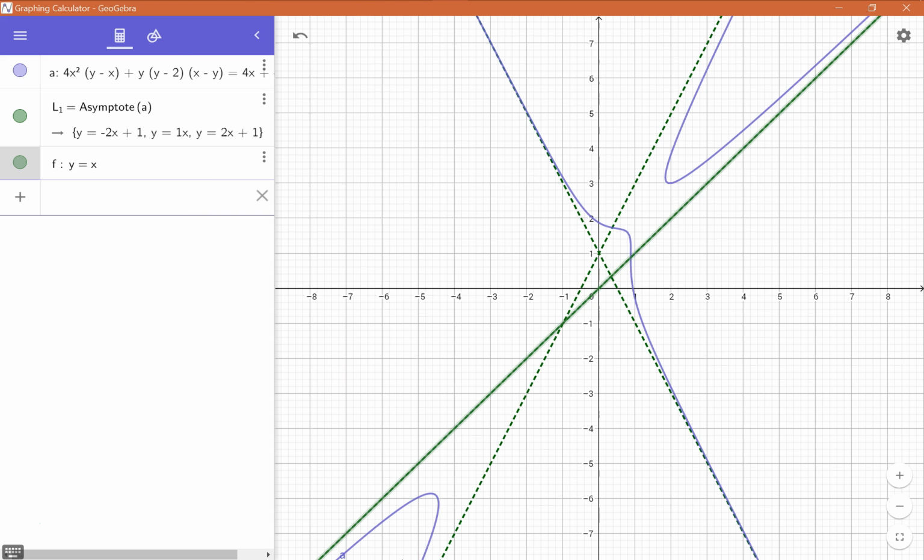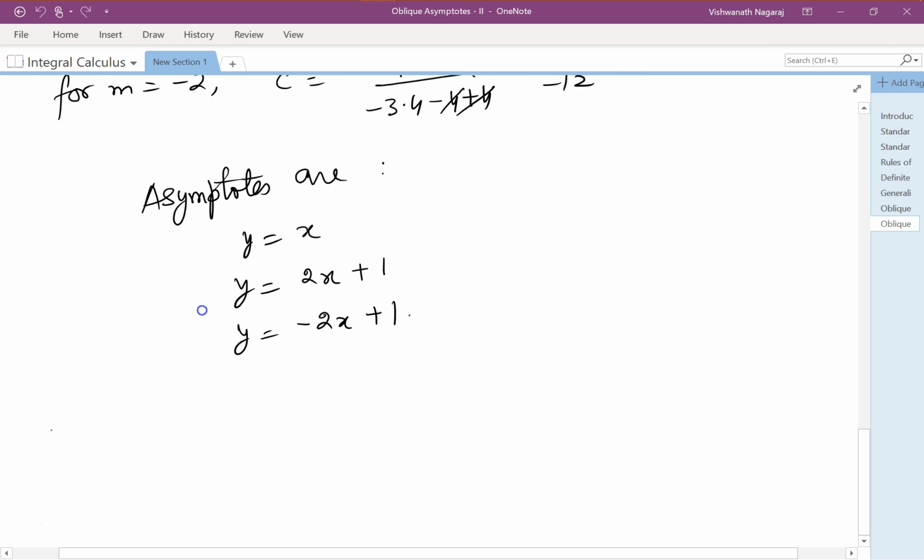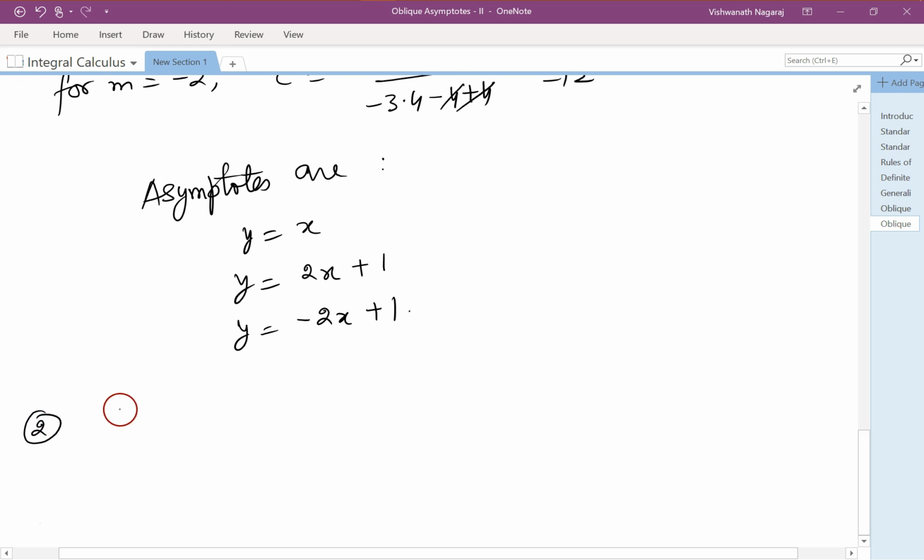Okay, then the second equation is y is equal to 2x + 1. Yes, exactly on top of each other. And the third was y is equal to −2x + 1. Okay, so that solution is correct.